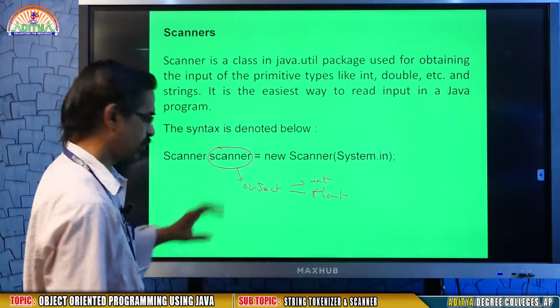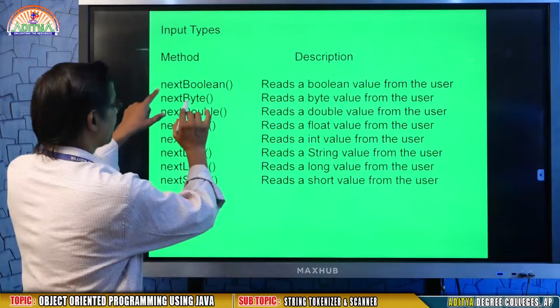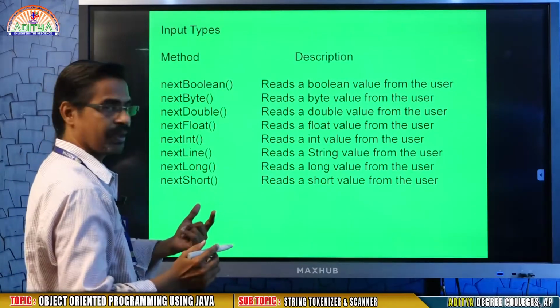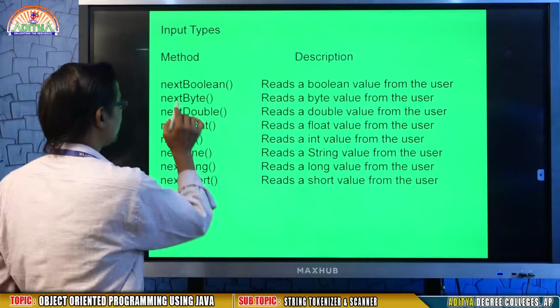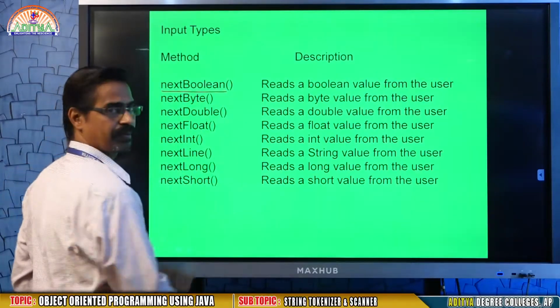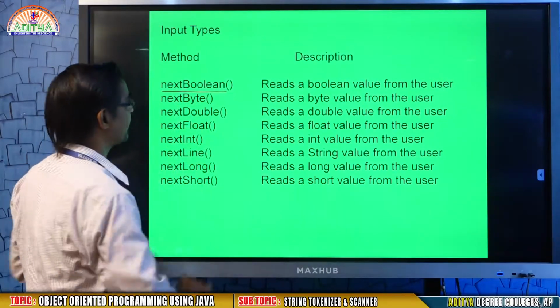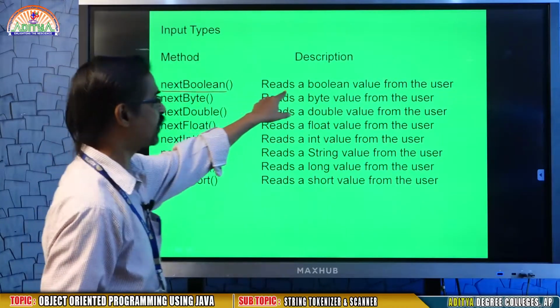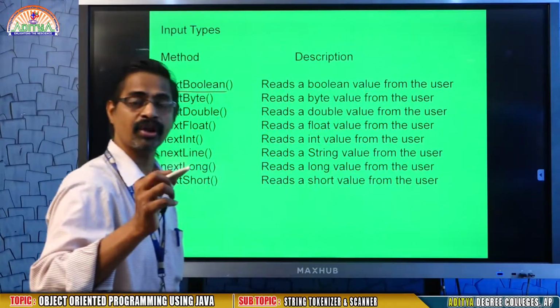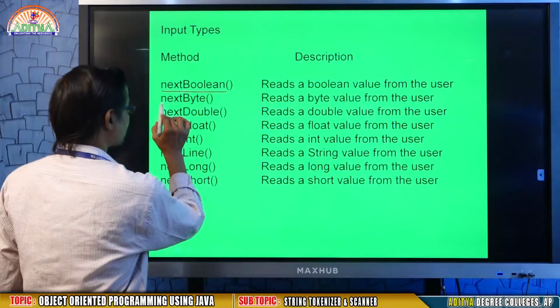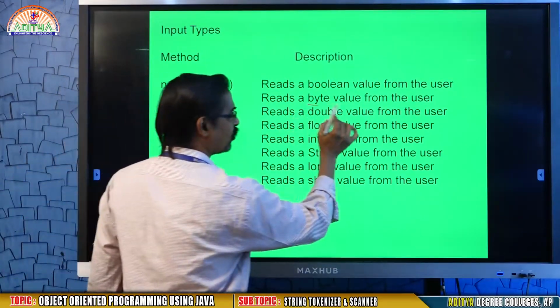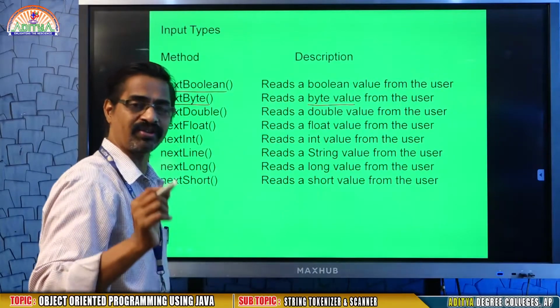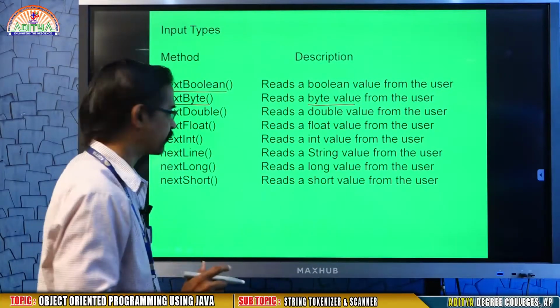That is why I have given here, whenever you want to read a boolean type, you have to use the method nextBoolean. This method represents the input type. It reads a boolean value from the user, that means from the keyboard. nextByte reads a byte value. I told you the byte occupies one byte only.